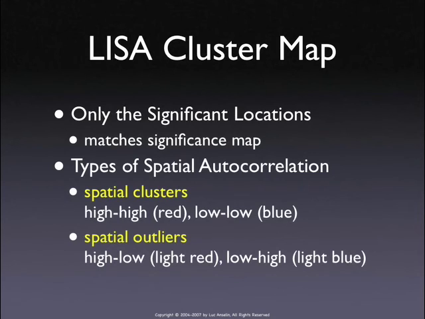For each individual location, we compute the local Moran, we assess whether it's significant or not, and then from its sign and its magnitude, we can conclude whether this is a high-high, low-low or high-low, low-high situation. Because we know where it is in the Moran scatter.